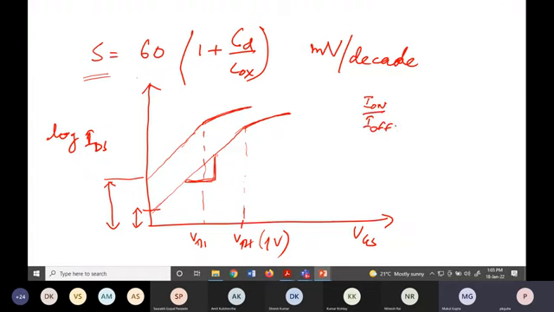When the threshold voltage is 1 volt, you have like a cushion of 1000 millivolt before VGS goes to 0.